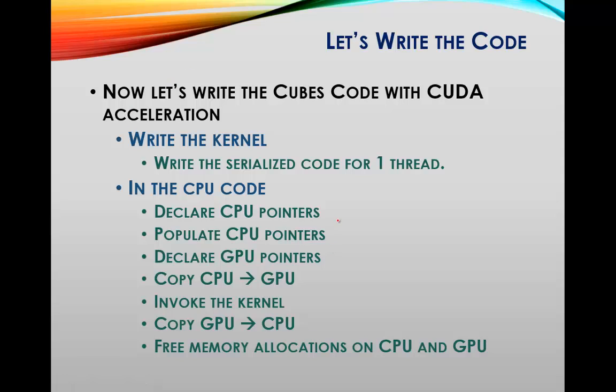What I did is I declared my CPU pointers as, if you remember, an int A of array size, and same with B, and same with C. So these were the ones that I did on the host, on the CPU. Populating these pointers was when I actually wrote in the pointer values here, and we did these in the main function.